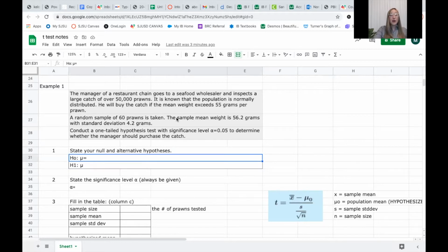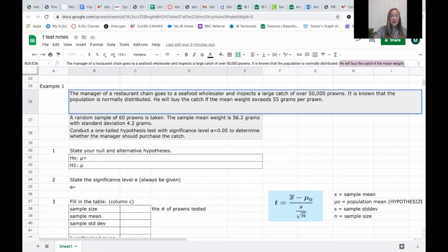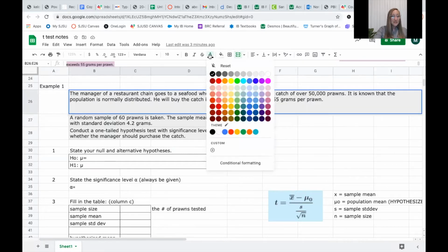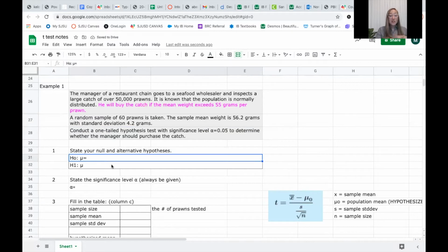So our decision factor is based on the weight of the prawns, and we're only going to buy them if the mean weight is 55 grams or over 55 grams. Okay, so our null hypothesis is that they weigh 55 grams.